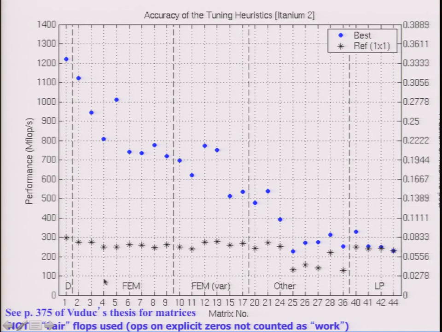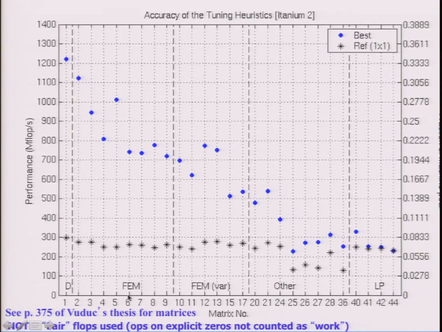So let's show you the data of how well all this does. Here are the results of doing these optimizations on about 40 different test matrices. The horizontal axis is about 40 different matrices. Again, they're all available. And the vertical axis is performance in megaflops. There are a bunch of different categories. D is a dense matrix, and we always ask ourselves, how well can we do compared to a dense matrix? That's sort of an upper limit.